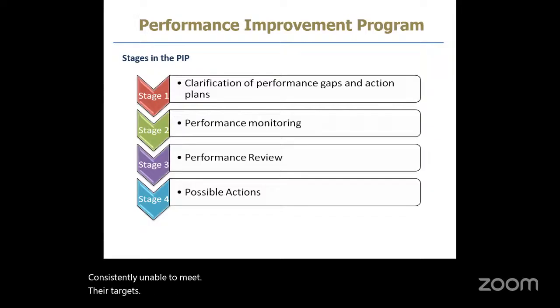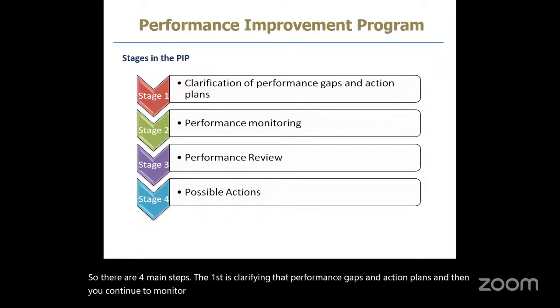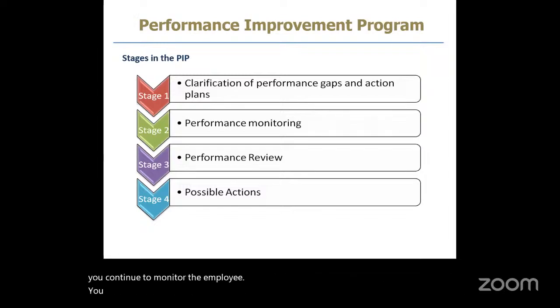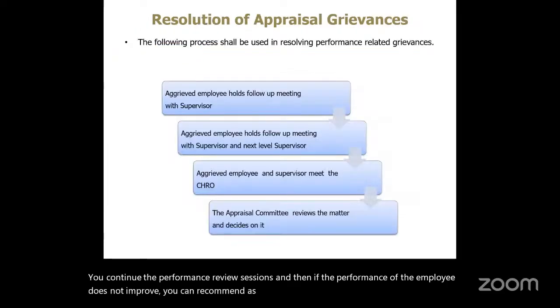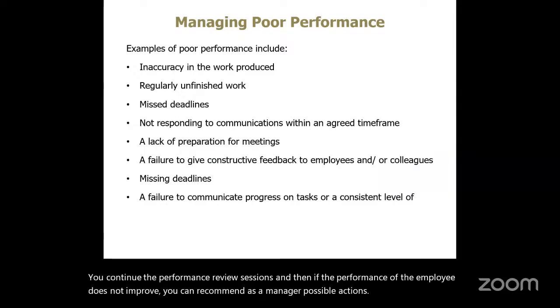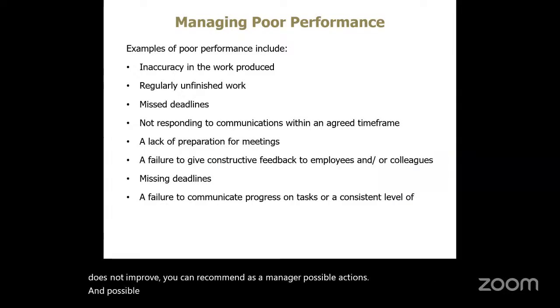There are 4 main steps. The first is clarifying the performance gaps and action plans. Then you continue to monitor the employee. You continue the performance review sessions. And then if the performance of the employee does not improve, you can recommend, as a manager, possible actions for the organization to take.